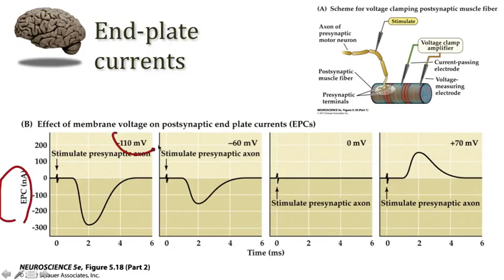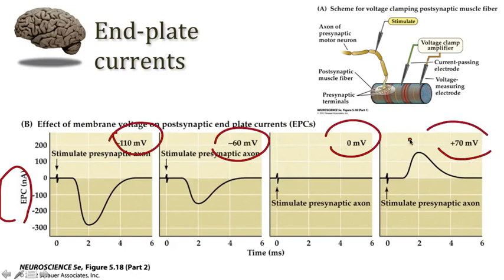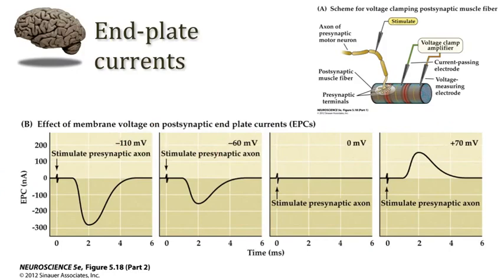And notice that the muscle fiber is voltage clamped at different levels, from a rather hyperpolarized potential of minus 110 millivolts all the way up through an extreme depolarized potential of plus 70 millivolts. And when we first look at the extreme hyperpolarization, what we find is that there is a significant inward current.